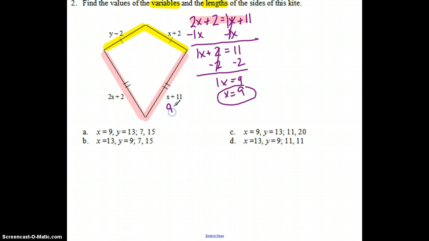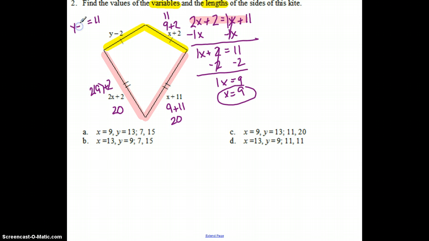Now if that were true, that means this side would be 20. This side also would be 20. And also, I would have to go solve these sides. Now I know this one at least. I know that x has to be 9, so 9 plus 2 would be 11, which means that on this side it's also going to have to be 11.